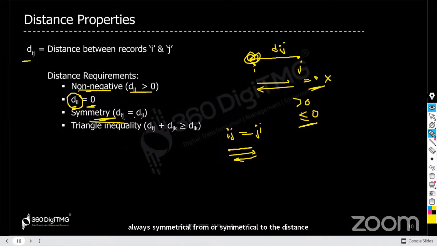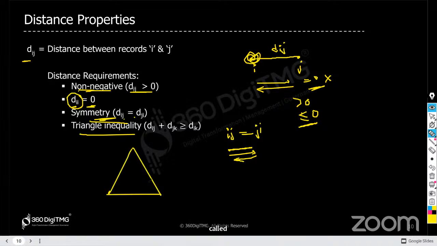And coming to the fourth one, there is one more property called triangle inequality, which means, say we have a triangle. This is I, this is J, and this is K. The distance between I and J is Dij, Djk, and Dki, or you can call it Dik, anything is fine. So this is the distance.